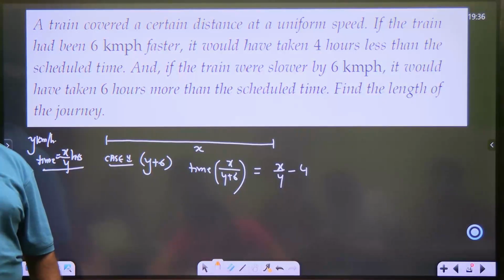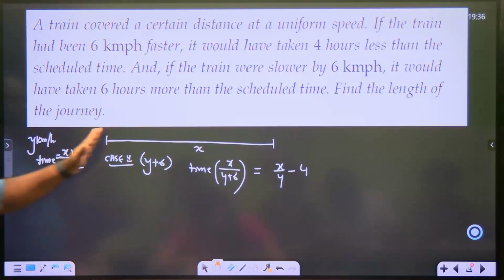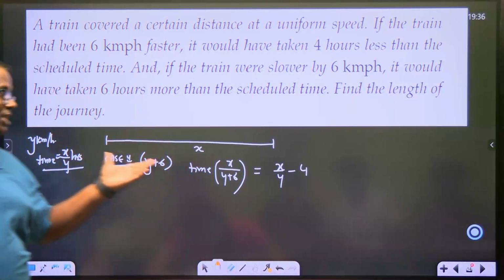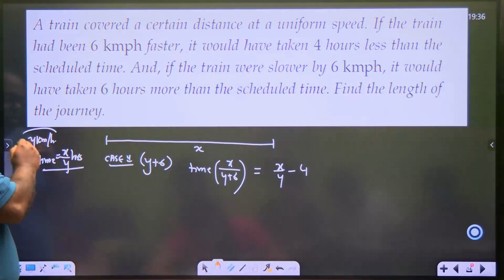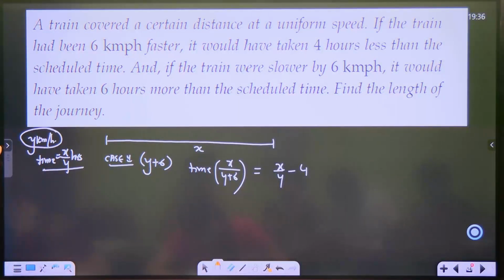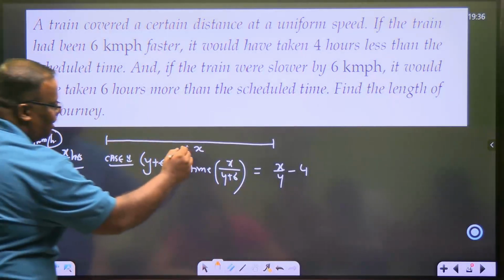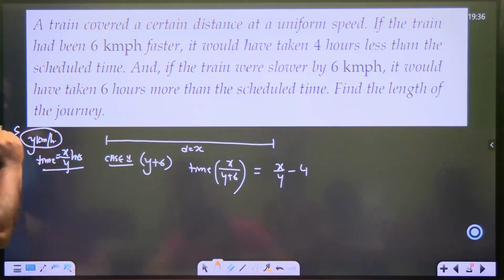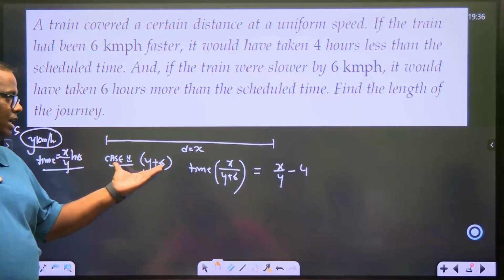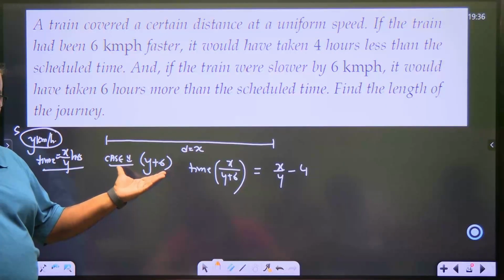Again, this is a distance x, which a train covers usually with a speed of y kilometer per hour. This is distance, this is speed. So what is the time taken? Distance by speed, x by y. Understood? On a certain day, the train increased its speed by 6.